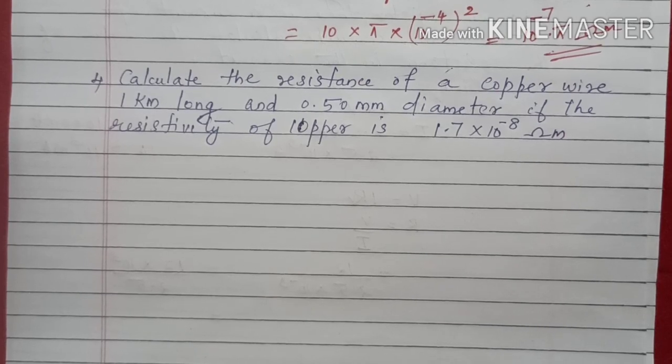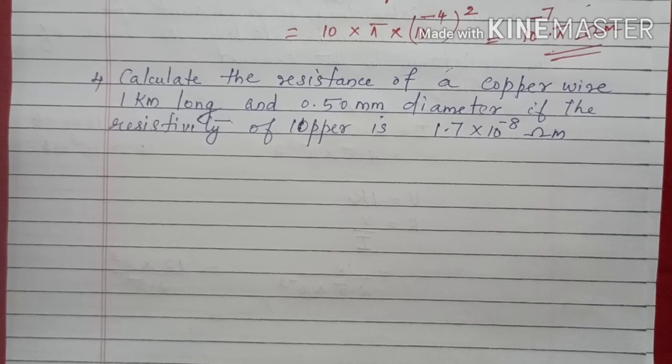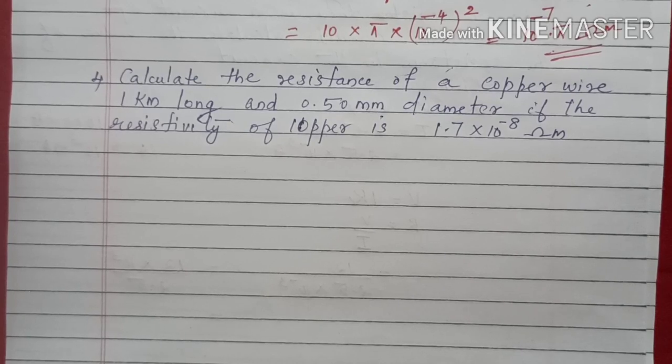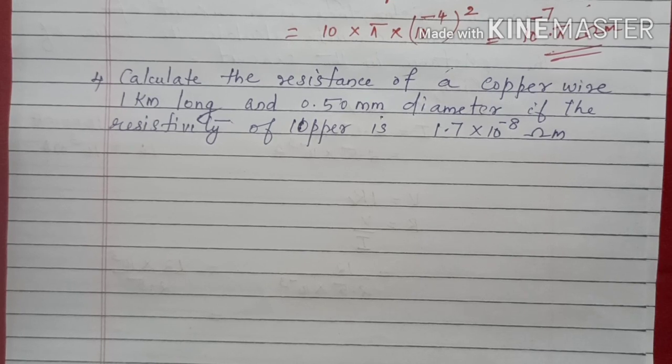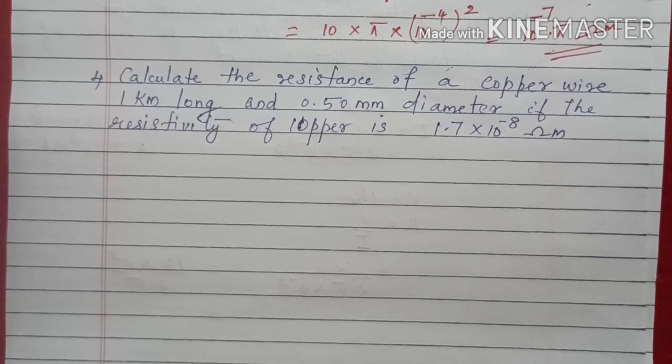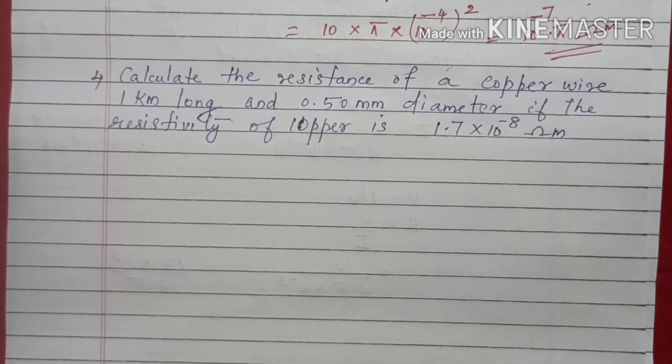So the fourth question is, calculate the resistance of a copper wire 1 kilometer long and 0.50 millimeter diameter if the resistivity of copper is 1.7 into 10 raised to minus 8 ohm meters. So in the question, you have to find the resistance of a copper wire.